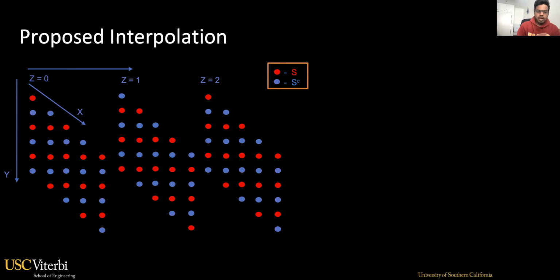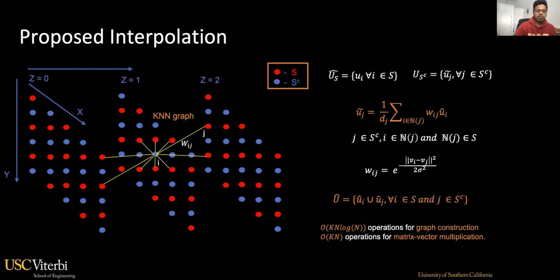Once we compress the sampled chroma points, at the decoder end, we need to design an interpolation method where we have to interpolate the points from the reconstructed sampled points. For that, we construct a k nearest neighbor graph, and we interpolate the values by averaging the attribute values of the neighboring reconstructed points.